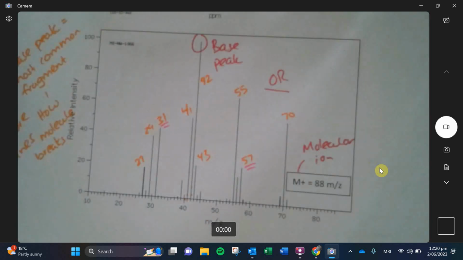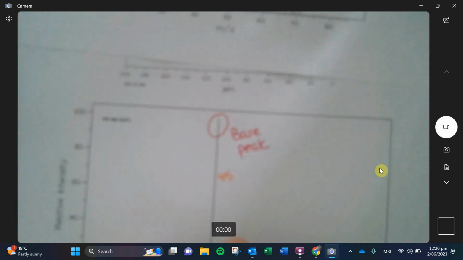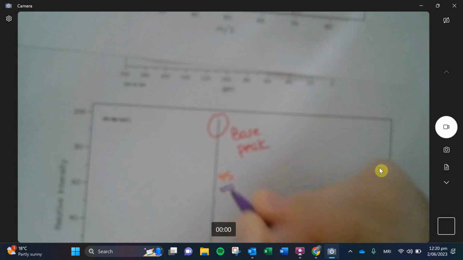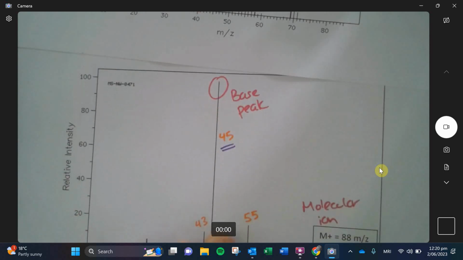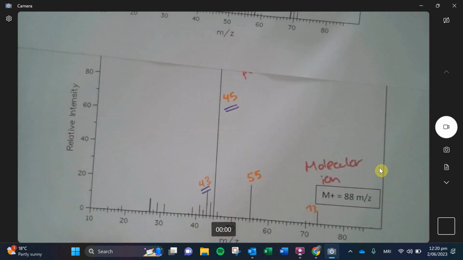So again, we can have a look. Do we see things that are like 43, 45? We see that this guy's base peak is actually 45, right? So that ties into what I'm looking at fragment-wise and what things are probably lining up to be. I also see that there was a 43 peak, that guy over there. So you see how it's going to match up?